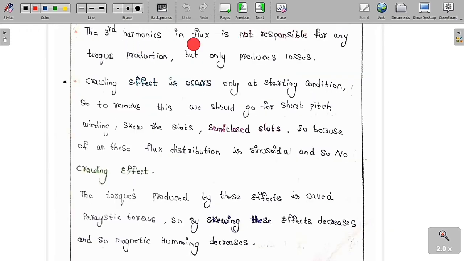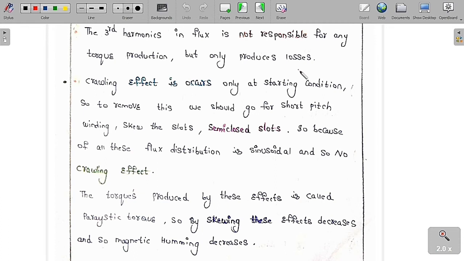The third harmonics in flux are not responsible for any torque production but only produce losses. I have already told you, third harmonics are called zero sequence components because they never rotate. If there is no rotation, there is no torque.